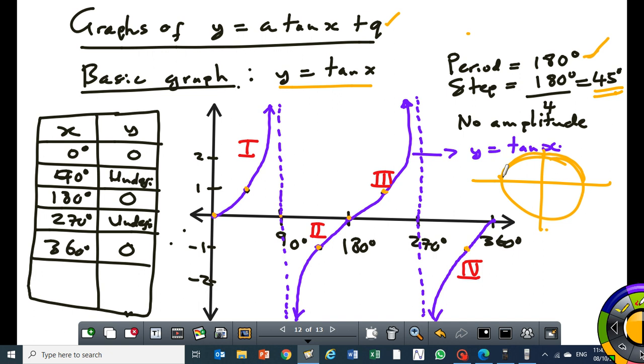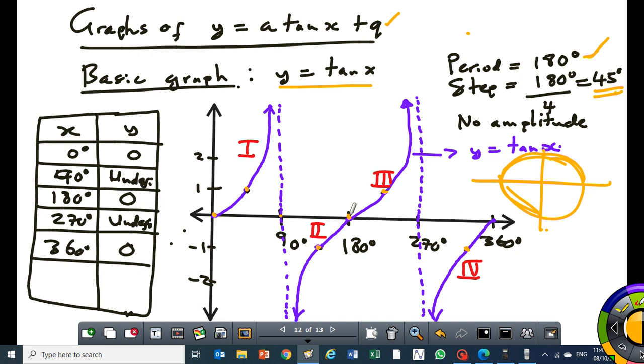Then, from here to there, that is 180 to 270, tan is now positive on the cast diagram. And from here, going all the way, our y values are positive, because tan is positive in the third quadrant. So this interval here represents the third quadrant in terms of the ratio for tan. Okay?